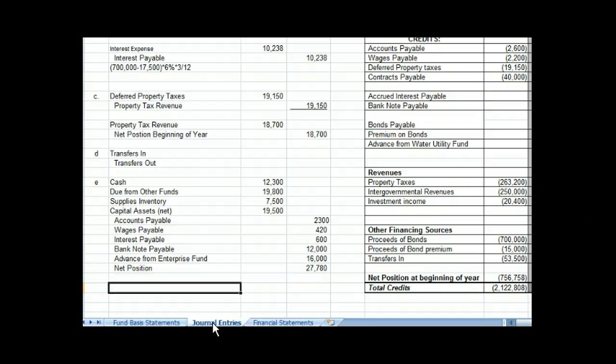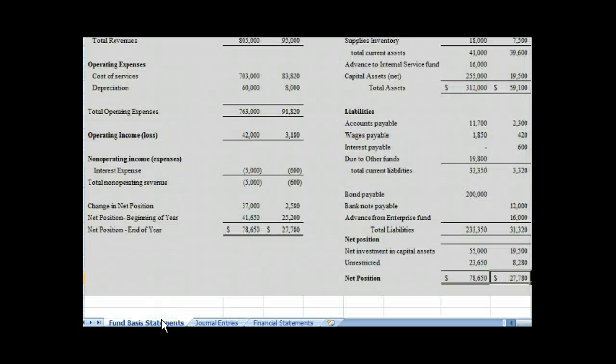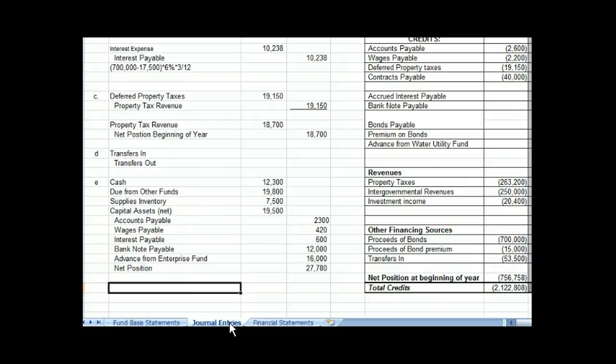Now what we have to do is anything for general government expenditures, we have to take those into consideration and eliminate those general governmental expenditures. So we're just going to be breaking those out. So let's flip back and go ahead and do that.